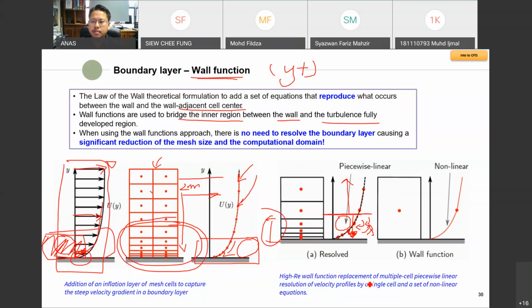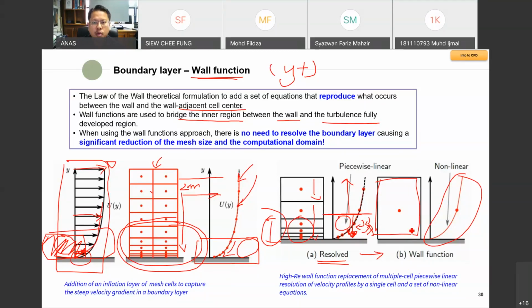If you want to use a resolved approach, meaning you want to capture everything in detail, then of course you need a larger mesh size at the top because it is the fully developed region, but as you go down, you need a more refined mesh. But by using a wall function, sometimes you can represent this velocity profile with just one mesh element.